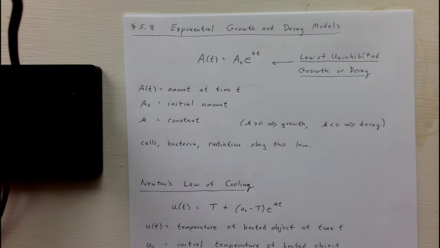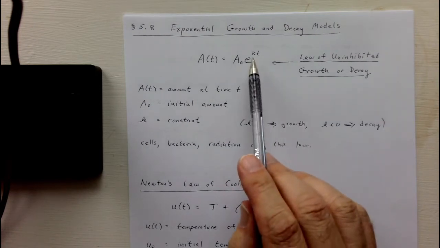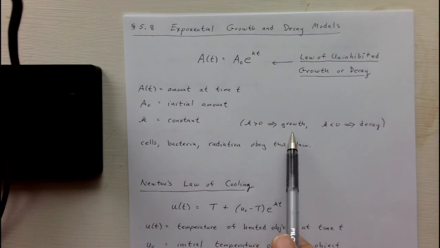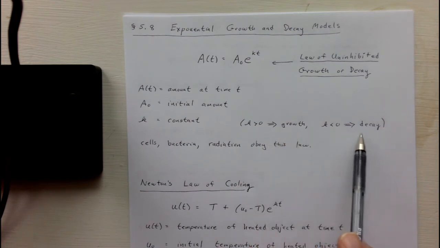A of t represents the amount at time t. A0 represents the initial amount, and k is just a constant. And that k is really going to determine the rate of change of this function. So if k is positive, we're talking about growth. If k is negative, we're talking about decay.